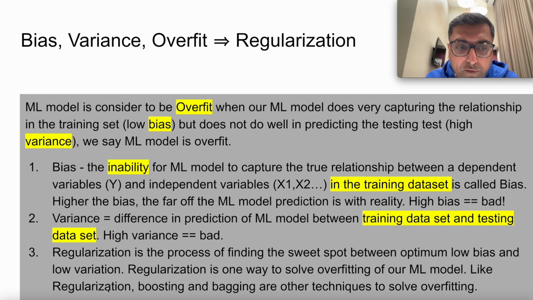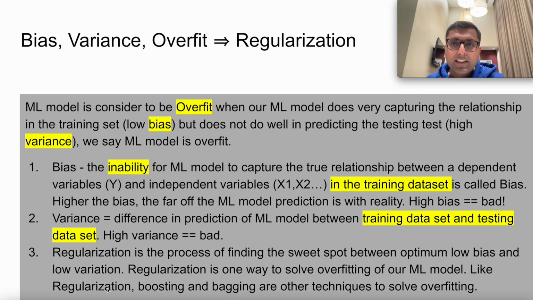And regularization is just one such set of techniques. There is also a boosting technique and a bagging technique, not covered in this chapter, that are also used for solving overfitting.